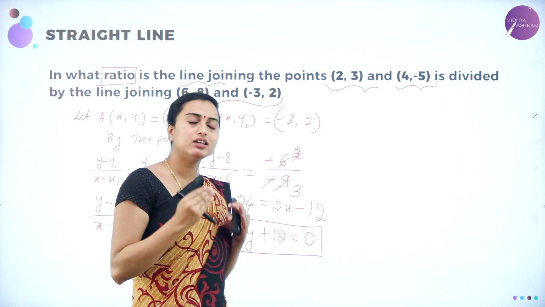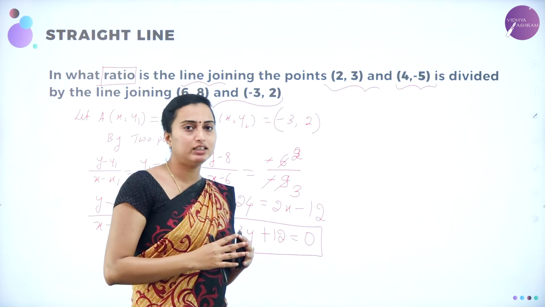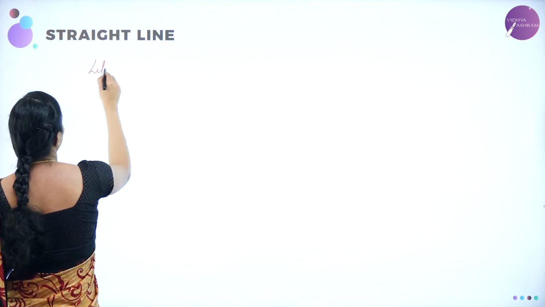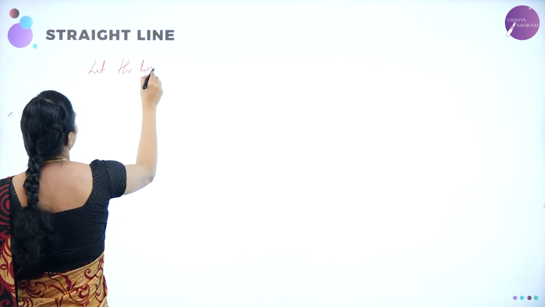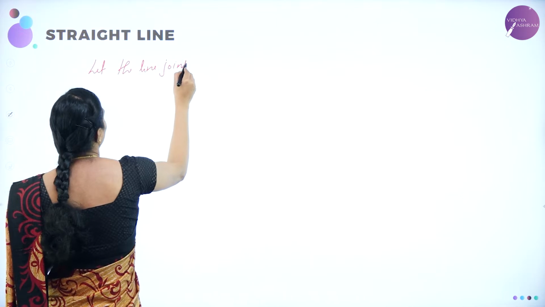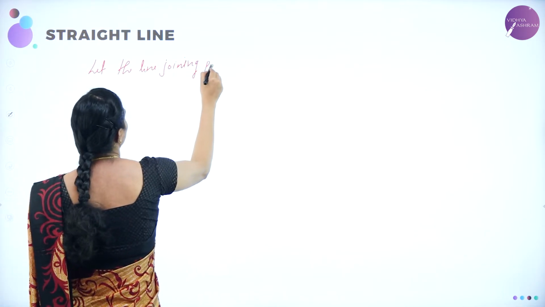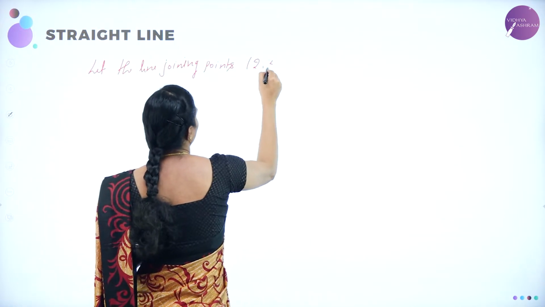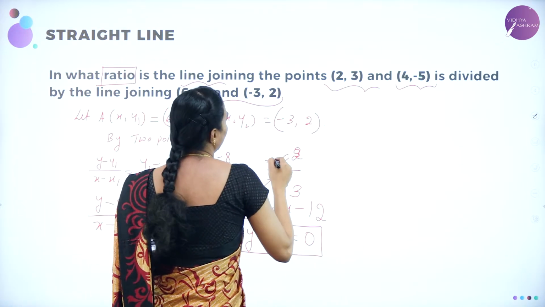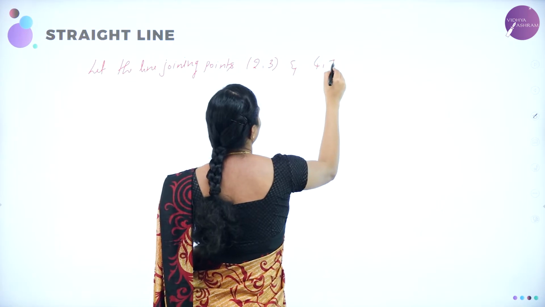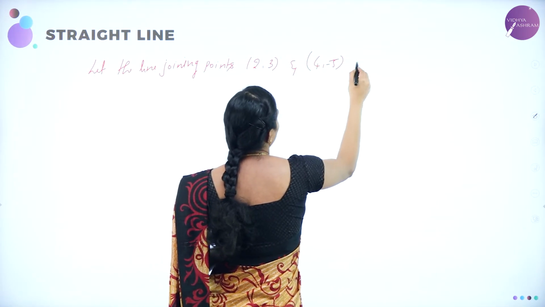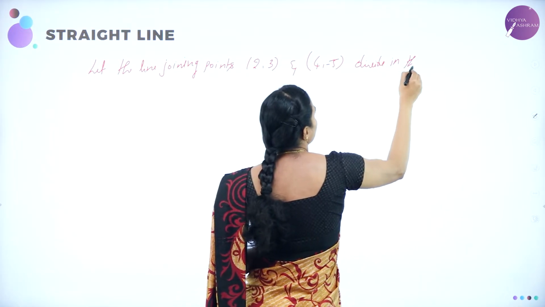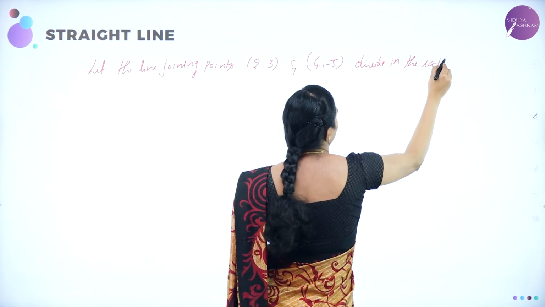Let the line joining the points (2, 3) and (4, -5) divide in the ratio k is to 1.